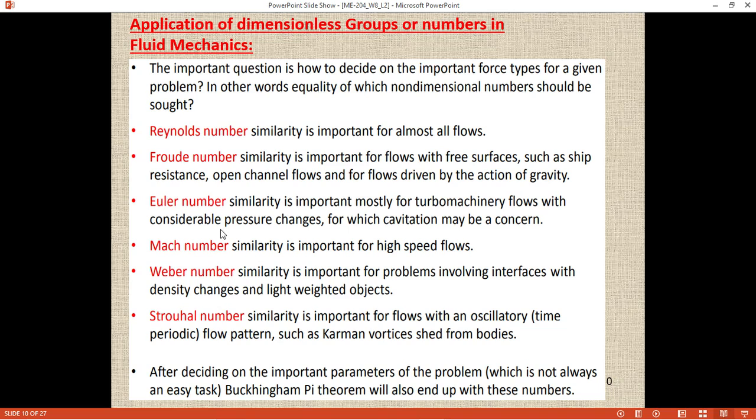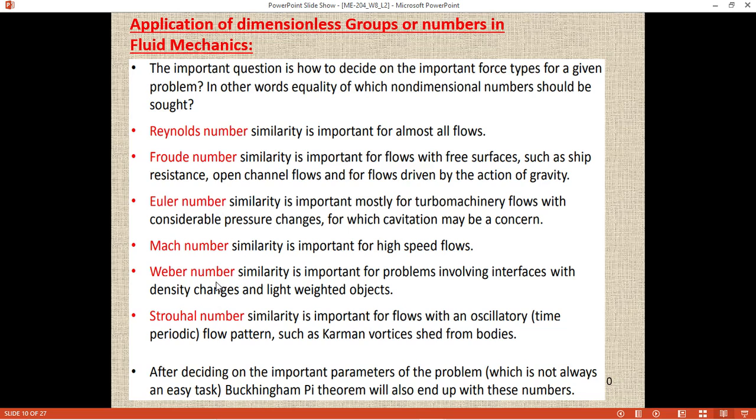In the same way, Euler number similarity is important mostly for turbomachinery flows. This number is helpful in the case of turbomachinery flows with considerable pressure changes, for which cavitation may be a concern. Wherever the inertia force and the pressure force are involved, the Euler number is useful. Wherever there is a pressure difference, this number is very helpful.